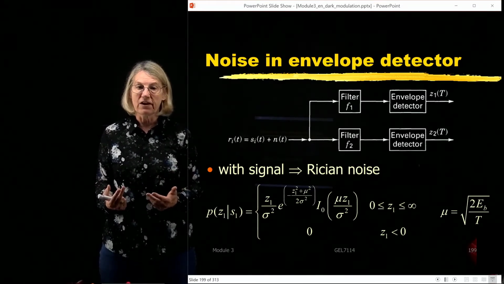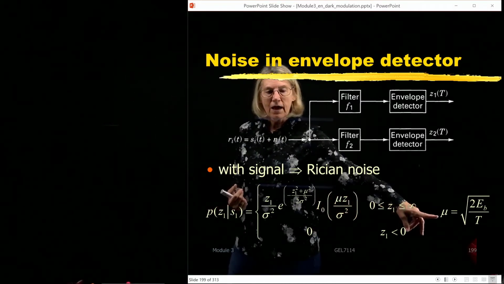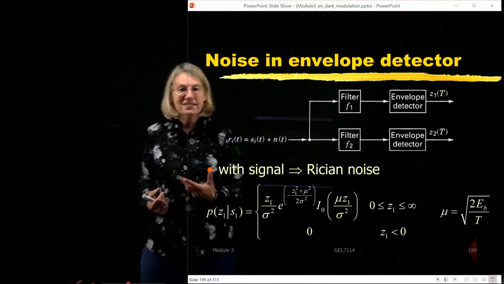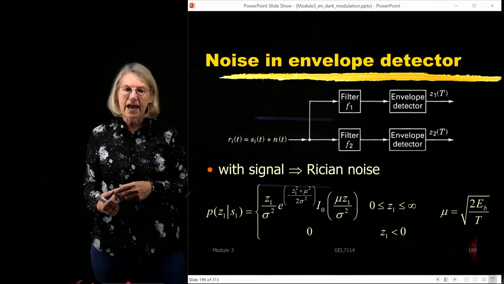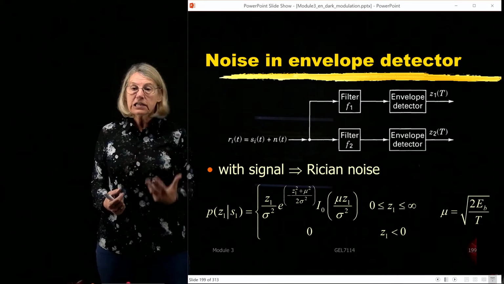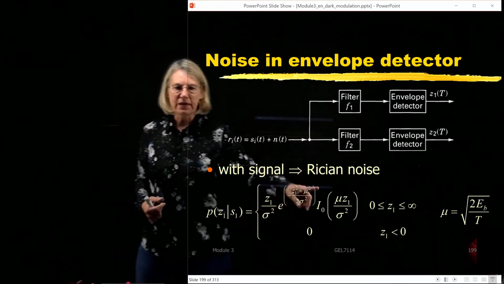Before we only had the variance. And now we have another parameter, mu. And this parameter is related to the energy in the signal. So EB is the energy in the signal, so it's somehow related to that. And so the stronger the signal is, the larger this value of mu is going to be.